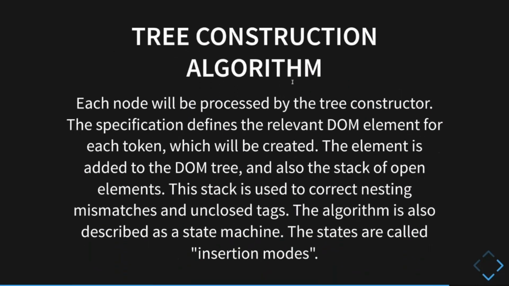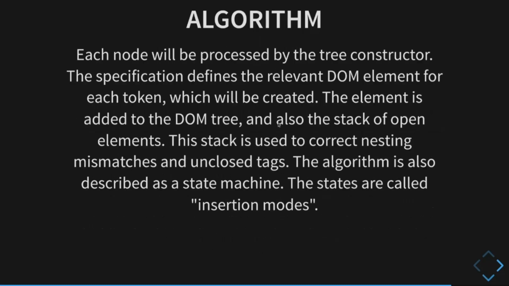So after this, we have the tree construction algorithm. Each token will be processed by the tree constructor. The specification defines the relevant DOM element for each token, which will be created as the element is added to the DOM tree, and also the stack of open elements. This stack is used to correct nesting mismatches and unclosed tags. The algorithm is also described as a state machine. States are called insertion modes.